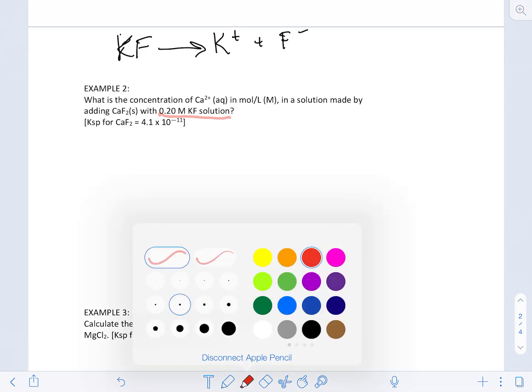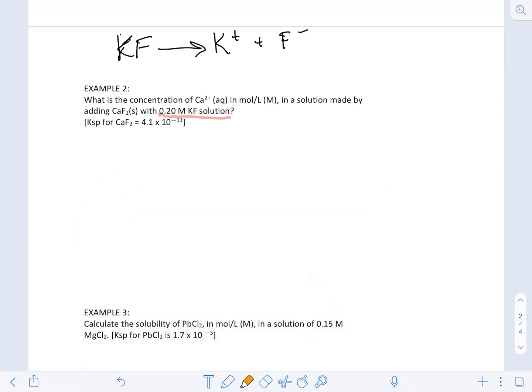So we're assuming that the common ion is fluorine, and that the concentration of fluorine is 0.2 molar.